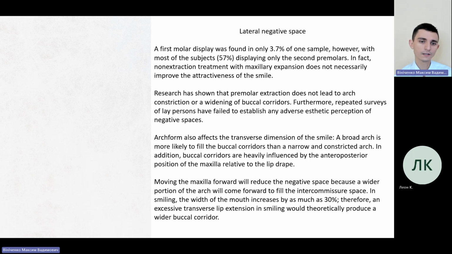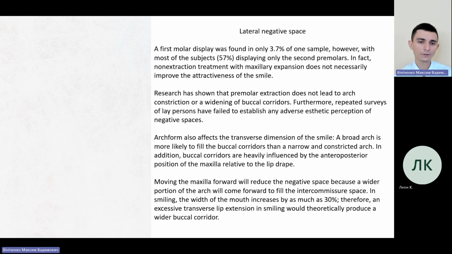Arch form also affects the transverse dimension of the smile. A broad arch is more likely to fill the buccal corridors than a narrow and constricted arch. In addition, buccal corridors are heavily influenced by the anteroposterior position of the maxilla relative to the lip drape.